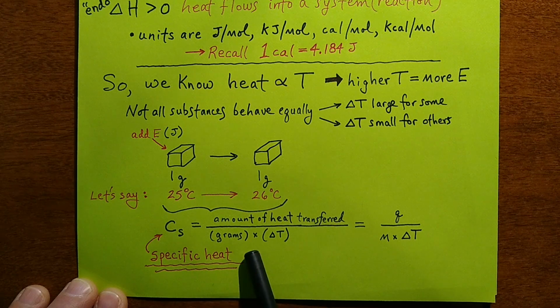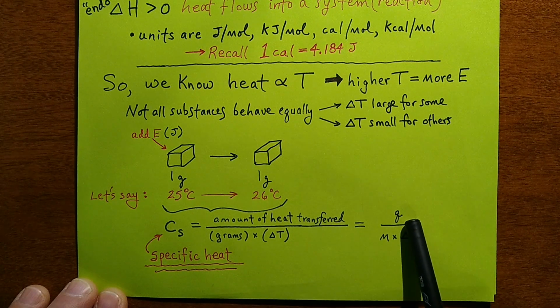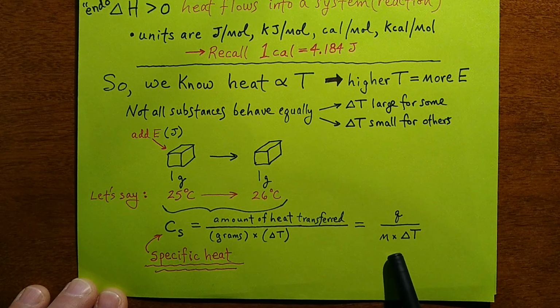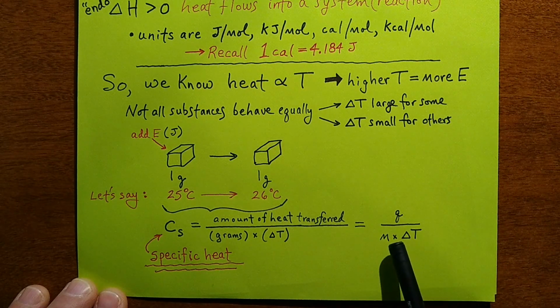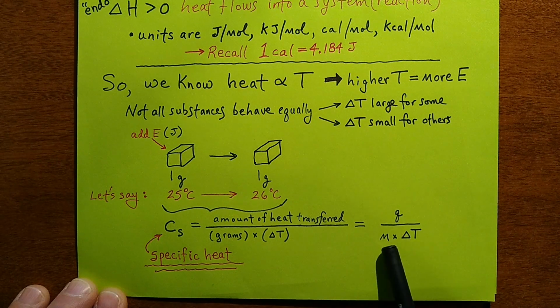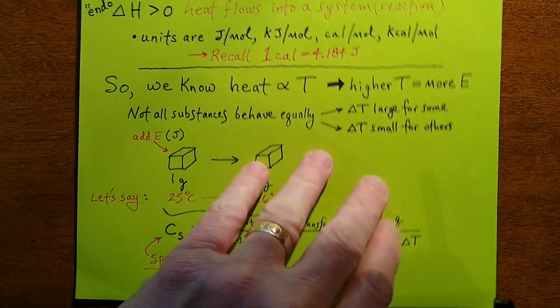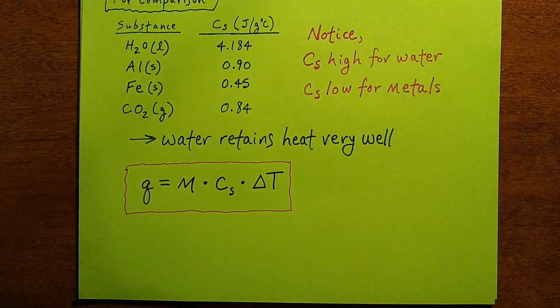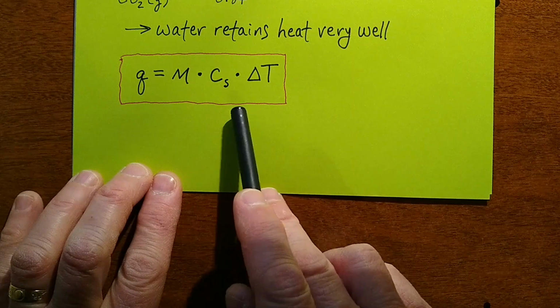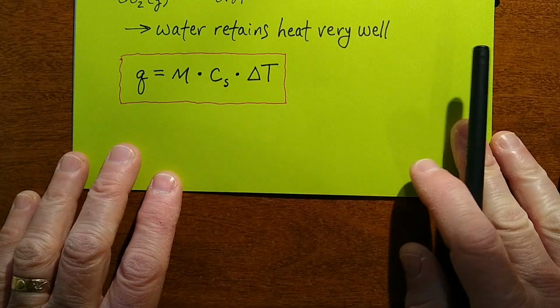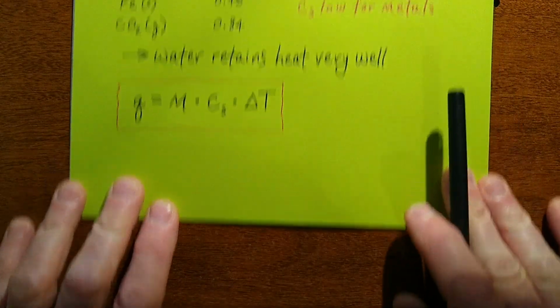That's why they're in the denominator. So in notation, that's Q divided by m delta T. You add some energy to something, you cause a certain amount of that substance in grams to change by a certain amount. When you rearrange that equation, you get a very well-known equation that you're going to use. It's Q equals m c_s delta T. The little subscript s just means specific heat.